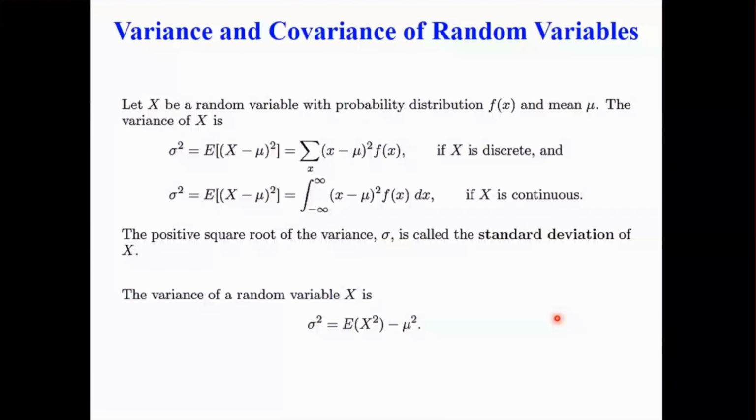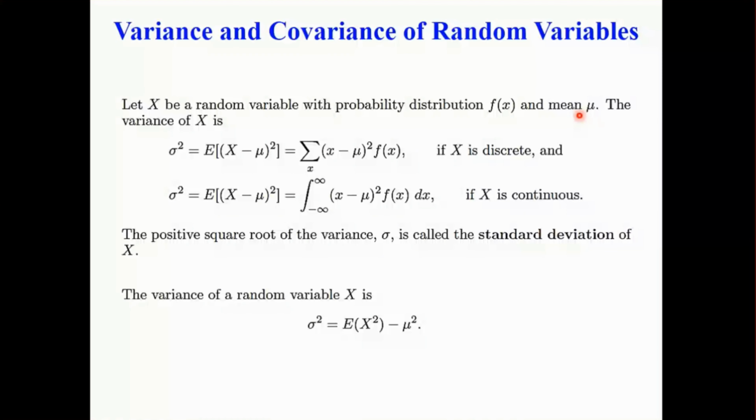Now variance and covariance, those things are there, but we will concentrate on variance. Covariance is not there. So let x be a random variable and f of x the probability distribution that we know, and we have mean mu.